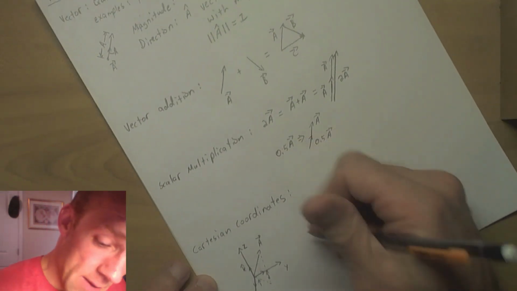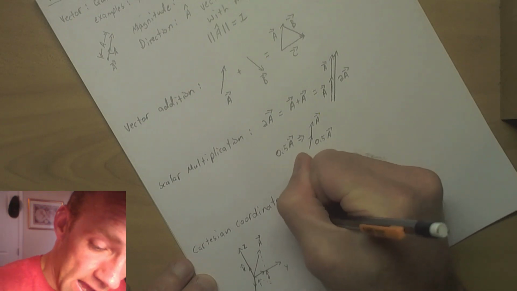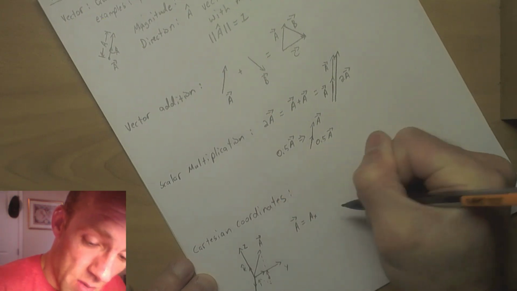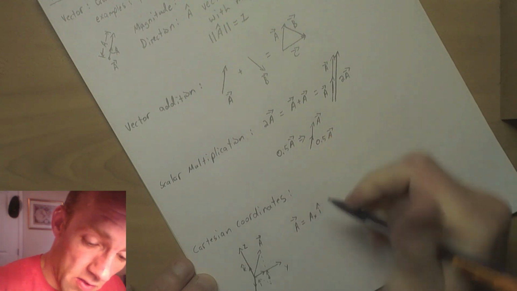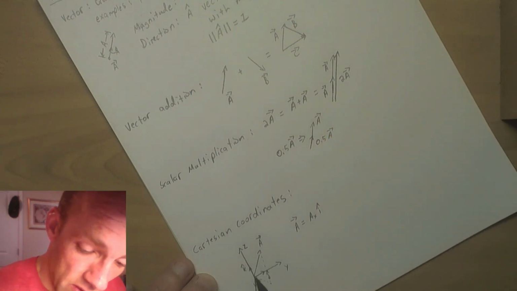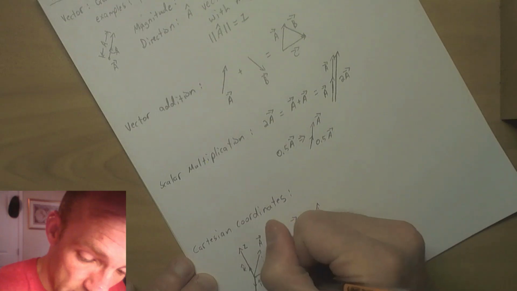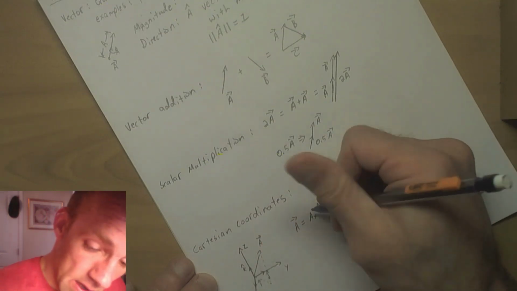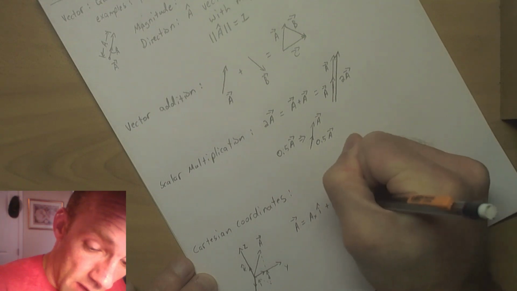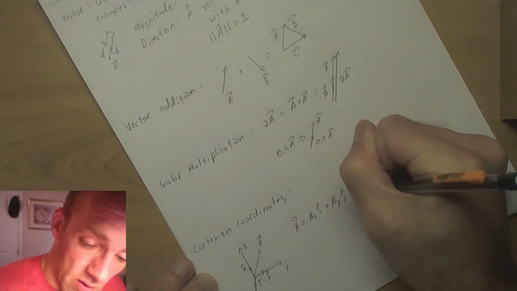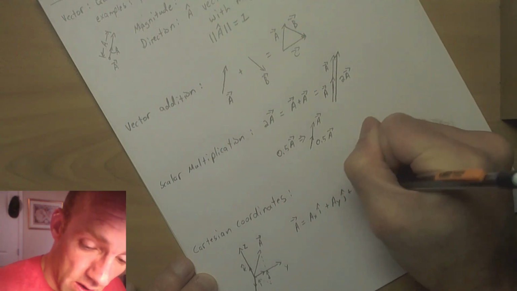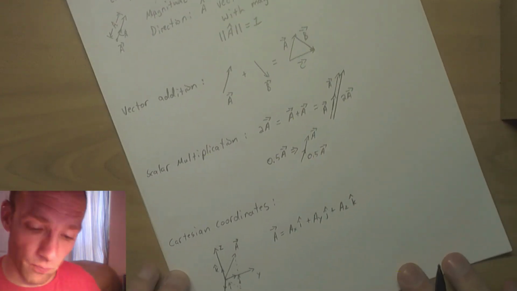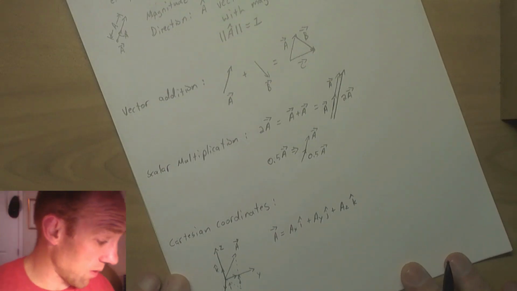So we can expand A in terms of the x component, which multiplies the i, times a y component, which multiplies the j vector, and a z component, which multiplies the k vector. This is a typical setup, okay?